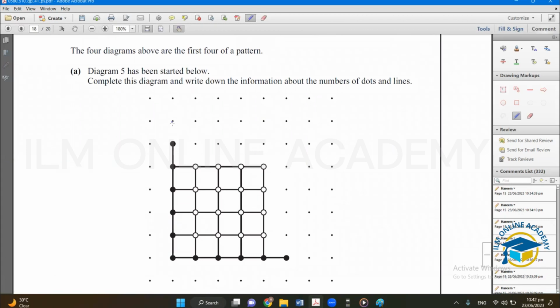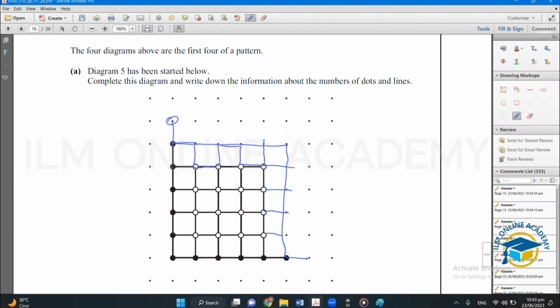Okay. So I have to draw an upper thing here and then draw this thing and this thing and this thing, this thing, this thing, this thing, this thing.